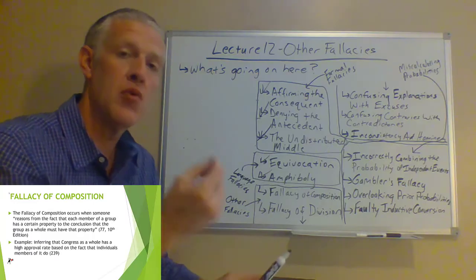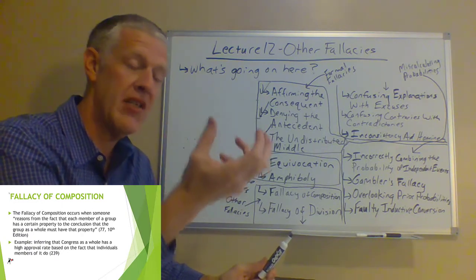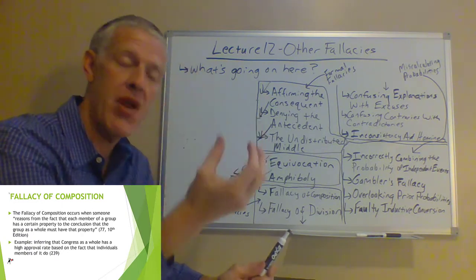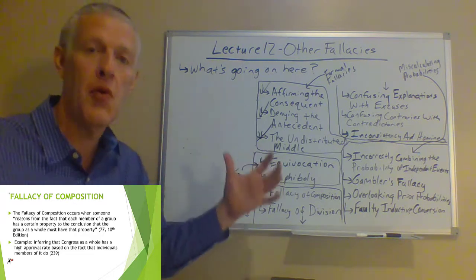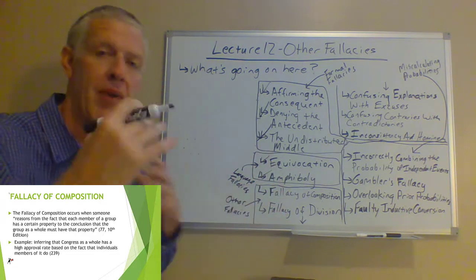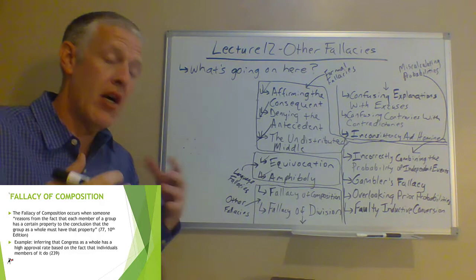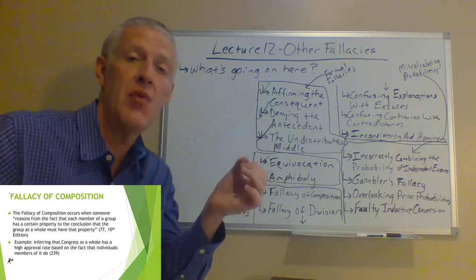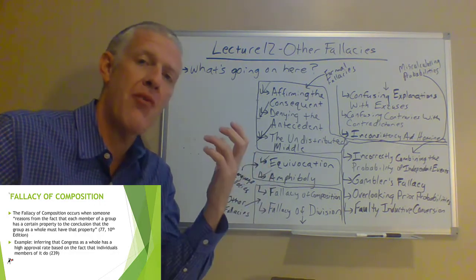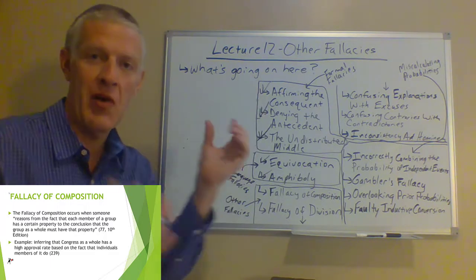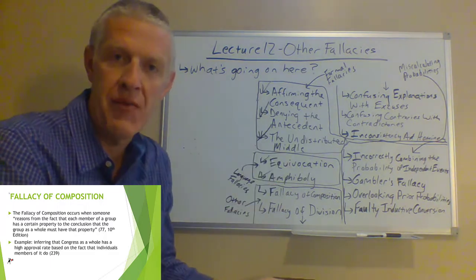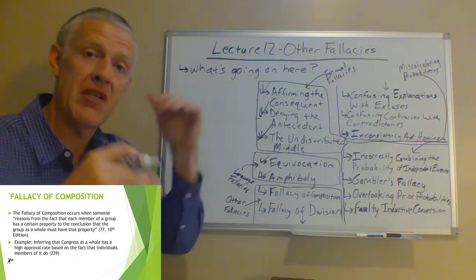Just because individual representatives in Congress have high popularity and high ratings doesn't mean that Congress as a whole has high popularity or high ratings. It's often the case that individual representatives do, but Congress as a whole is not so highly rated.